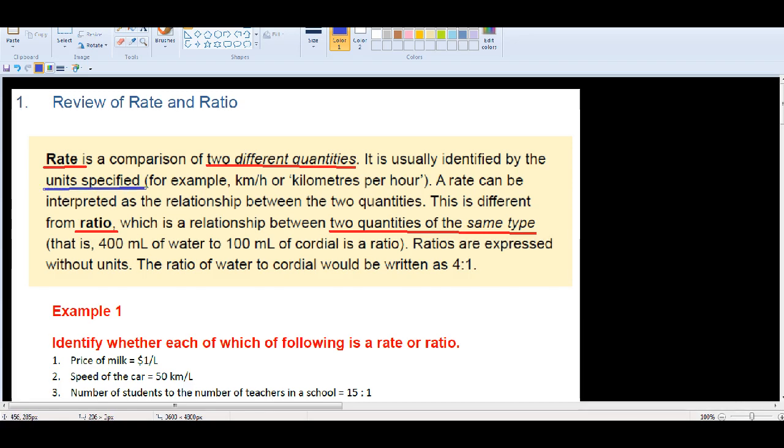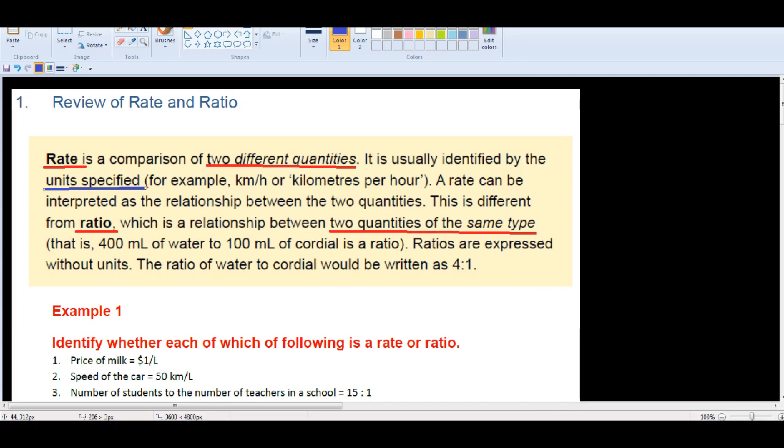For example, kilometer per hour is what we call the speed of a car. Kilometer is the unit for distance, and hour is the unit for time. So normally we write the rate as kilometers per hour.